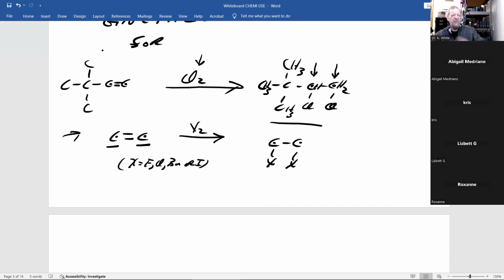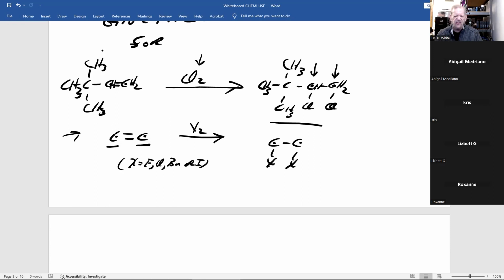Now I know there are 4 bonds to carbon, I can put in my hydrogens. Remember, a double bond counts as 2 bonds to that carbon. That's why the end carbon only has 2 hydrogens. 2 plus 2 is 4. Isn't the math hard in my class? Remember, you cannot use a calculator on my test.